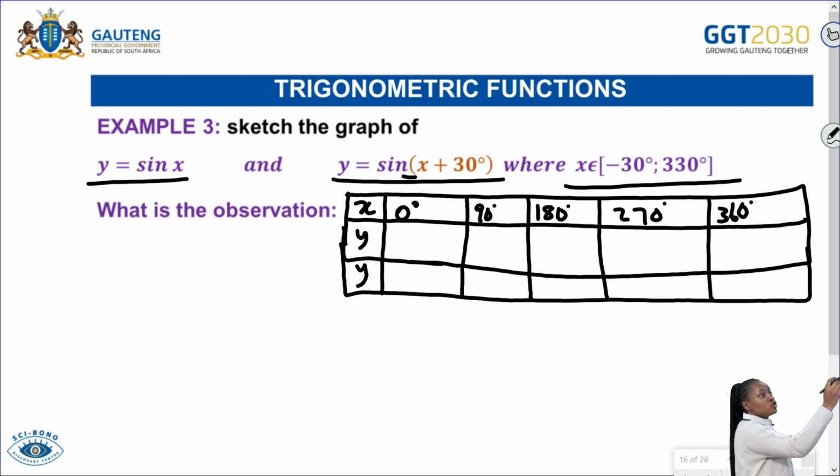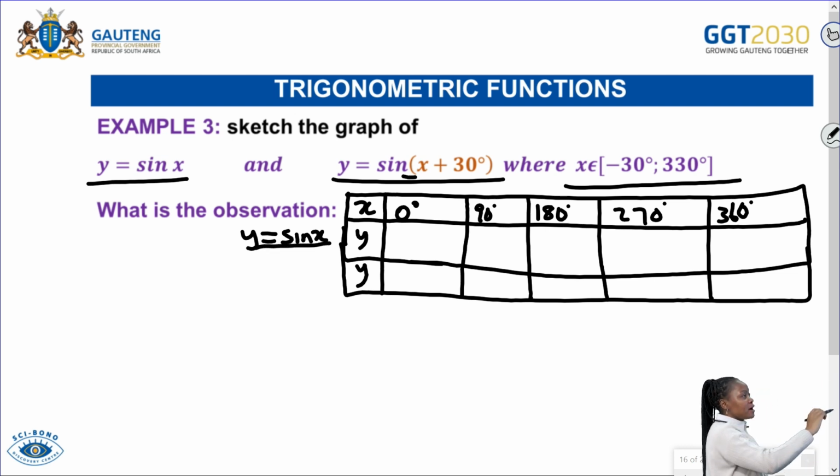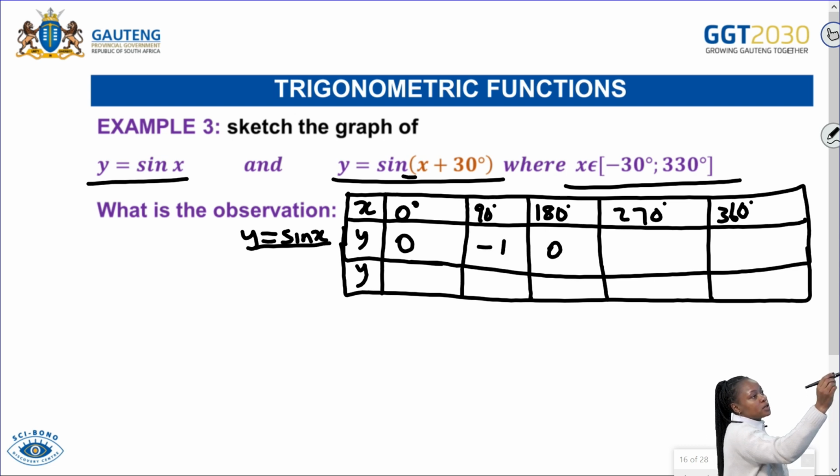So the values of y here are for the graph of y equals sine x. So if I substitute here, I'll get 0. And then if I substitute here, I'll get -1. I'll get 0, I'll get 1, and then I'll get 0.